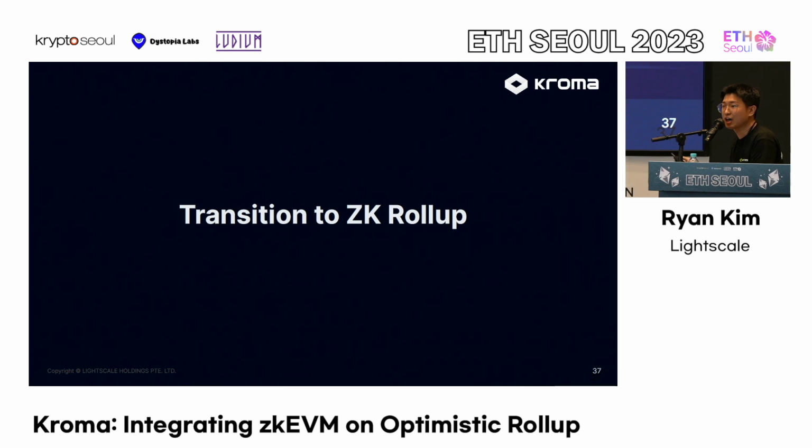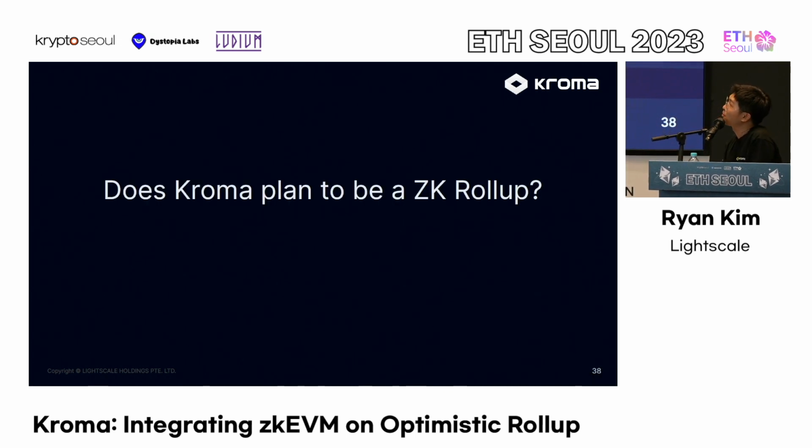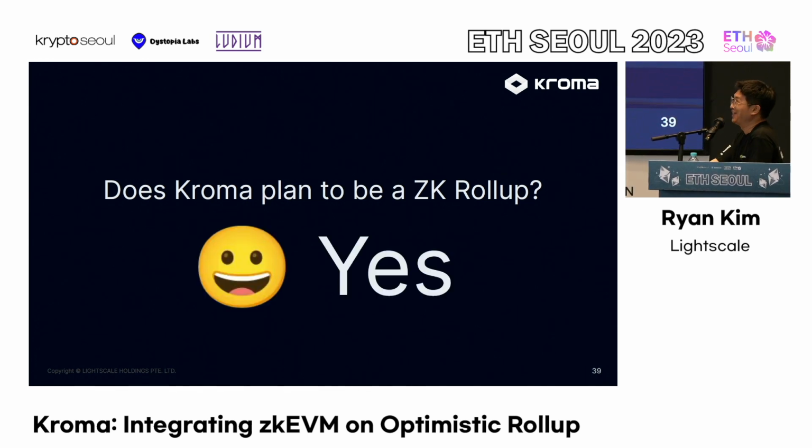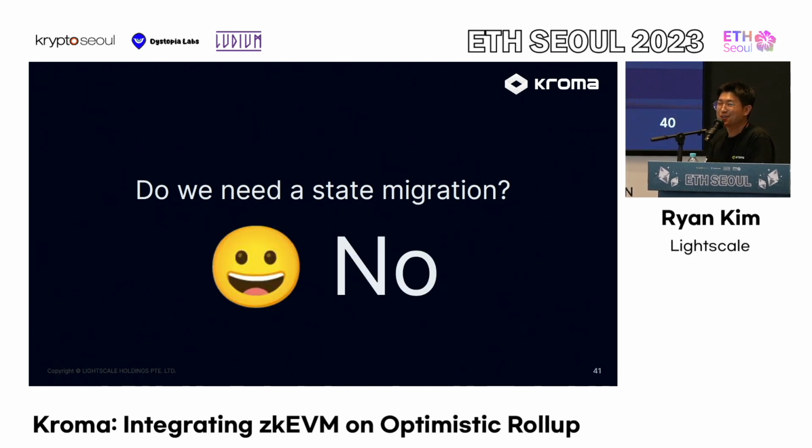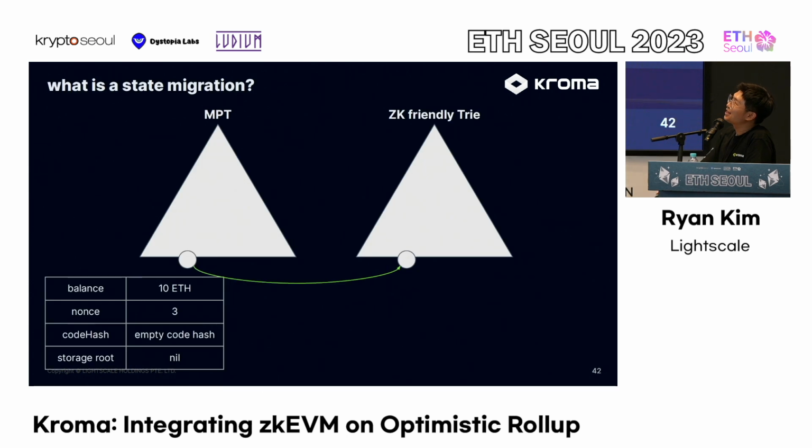Let me show you what I mean. So does Kroma plan to be a ZK rollup? Yes. And do we need a state migration? No. Why is that? Here, state migration means moving the leaves from MPT to leaves of a zk-friendly tree.